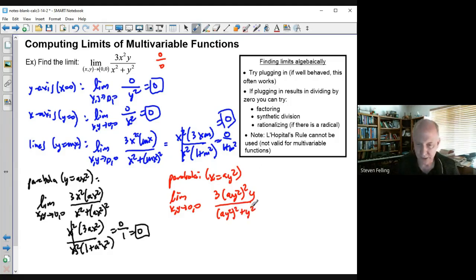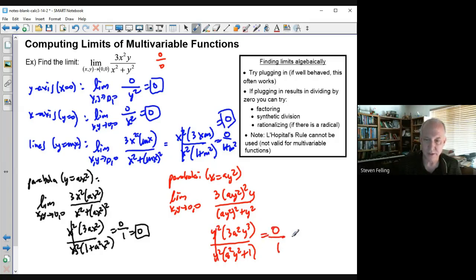So again, I think I can only factor a y squared out. If I factor a y squared on the top, I'm going to be left with a 3, an a, the other y squared, and a y, which is y cubed. And then on the bottom, if I have a y squared out, I'm going to have a squared, the other y squared, and 1. And so now if I plug in 0 for this y, I'm going to get 0 over 1. So that's 0 again. And so it seems like all these paths are always resolving to a limit of 0.